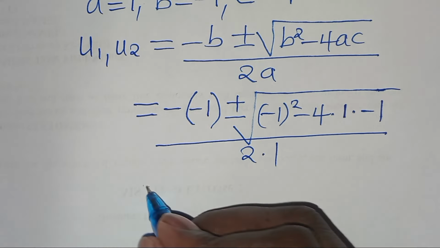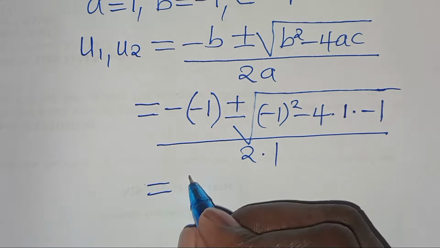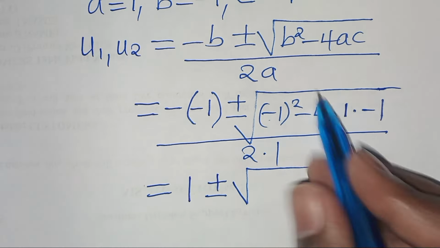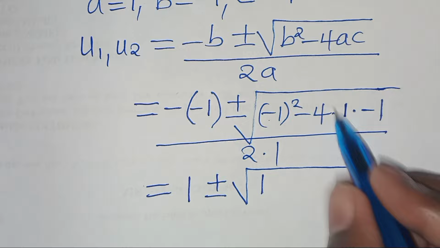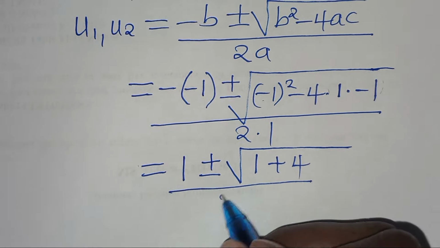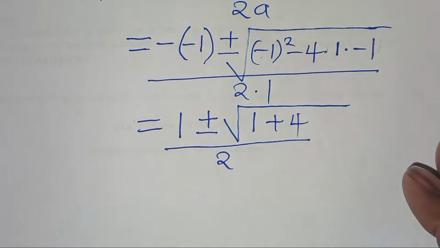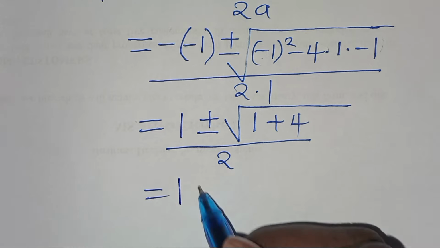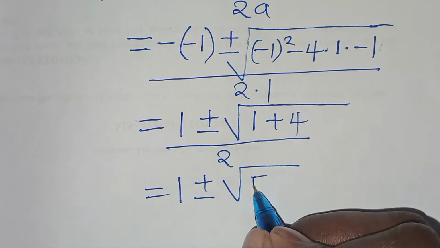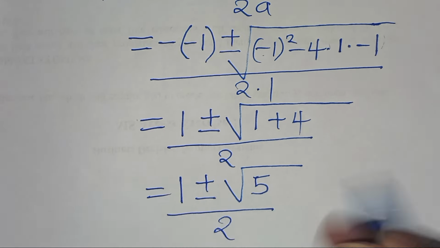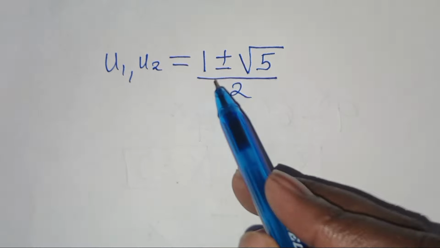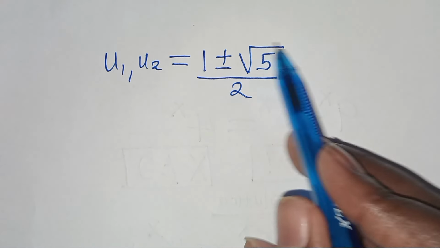So this implies that here we have minus times minus 1, this is 1, plus or minus the square root of minus 1 squared, this is 1, then minus 4 times minus 1, this is plus 4, everything here divided by 2. So this implies that from here we have 1 plus or minus the square root of 1 plus 4, this is 5, then divided by 2. So we have u1, u2 is equal to 1 plus or minus square root of 5 over 2.